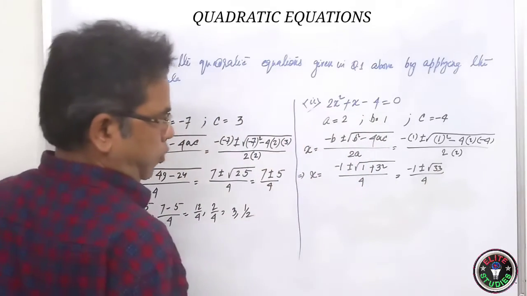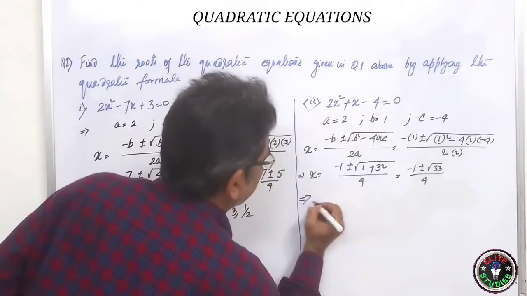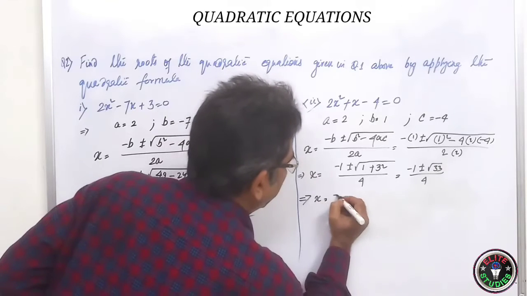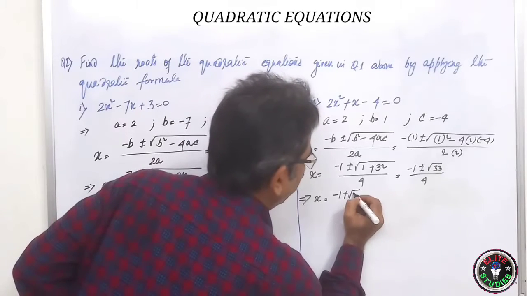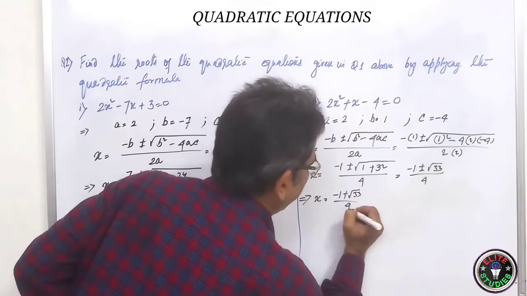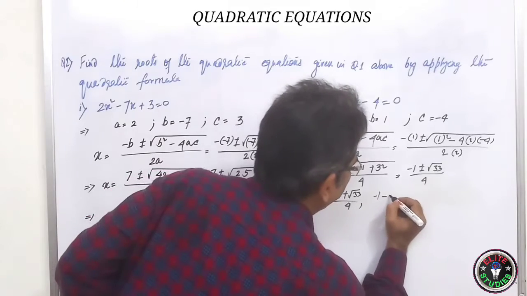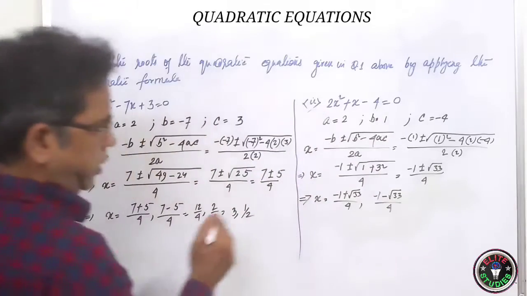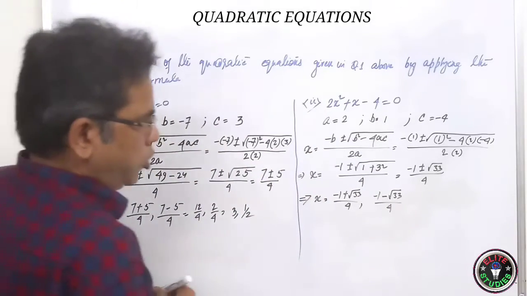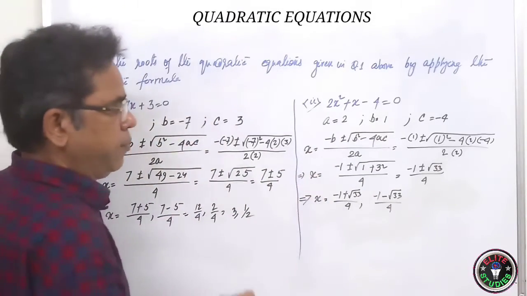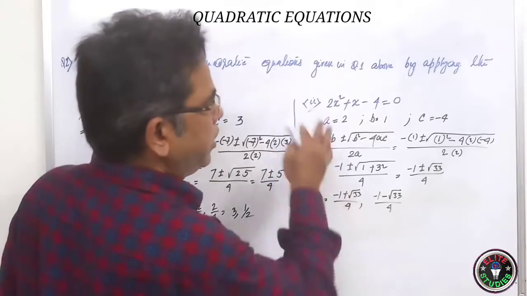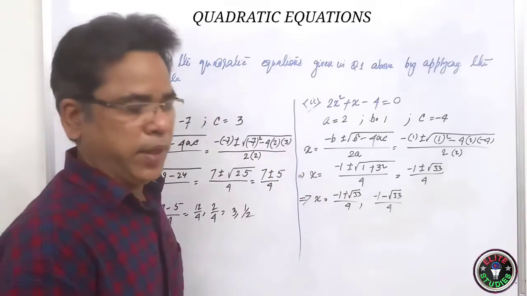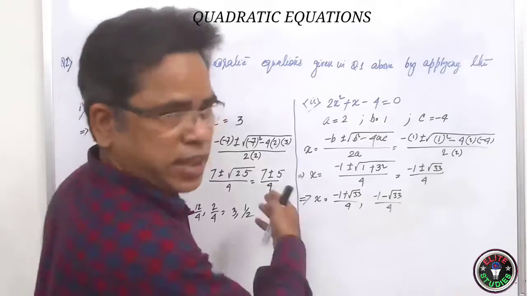Root 33 is not a perfect square, so your answer will be minus 1 plus root 33 by 4 and minus 1 minus root 33 by 4. We got it. So these roots are exactly the same as we found in the previous method, by the method of completing the squares. Please take a screenshot.